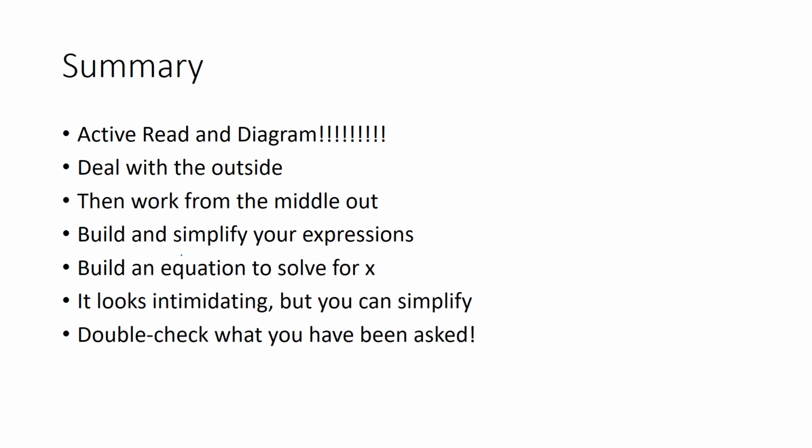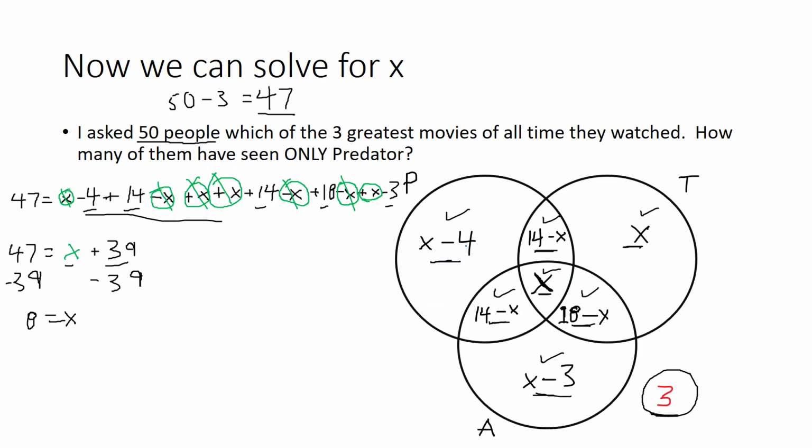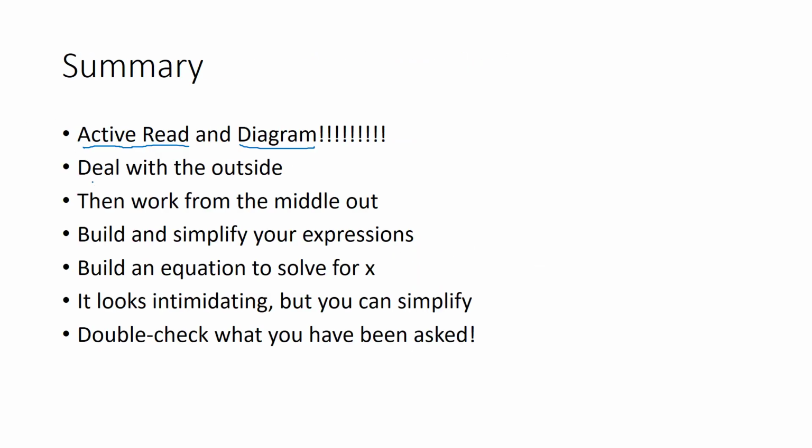Moving on. In summary, the active read is important. That diagram, making a nice big diagram so you don't miss anything. Like back here when I'm checking this stuff off, it's a lot easier to write this big long monster of a thing if you have a big enough diagram to read. Deal with what's on the outside of all circles, if there are any elements outside of everything.